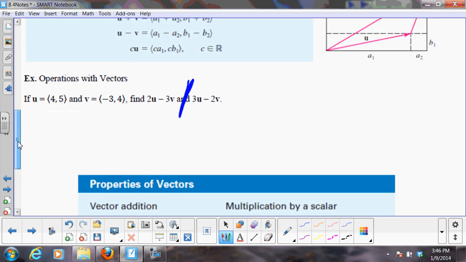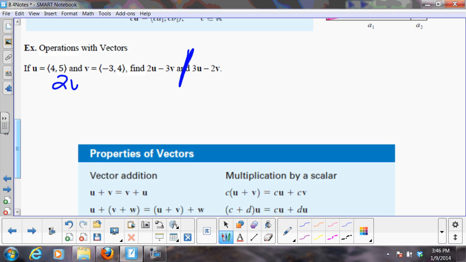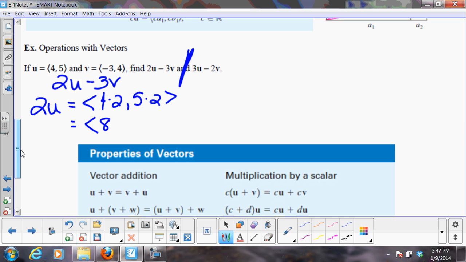So we're going to do 2u minus 3v first. So I'm going to double u. So this gives us <8, 10>. And I'm going to do 3 times v.